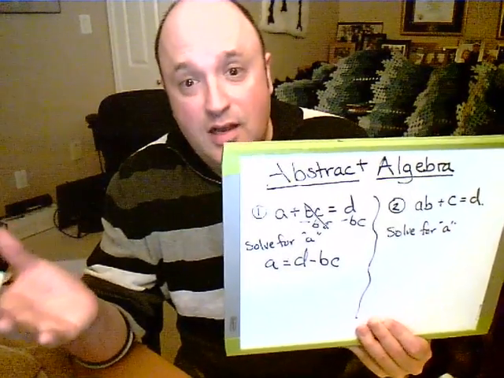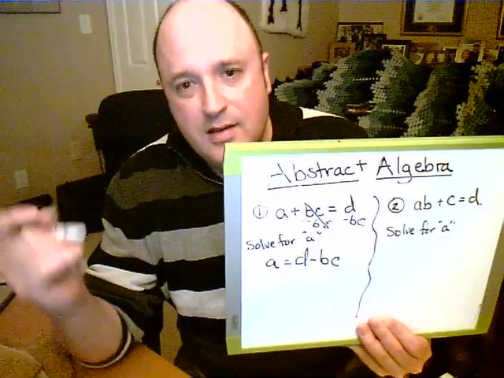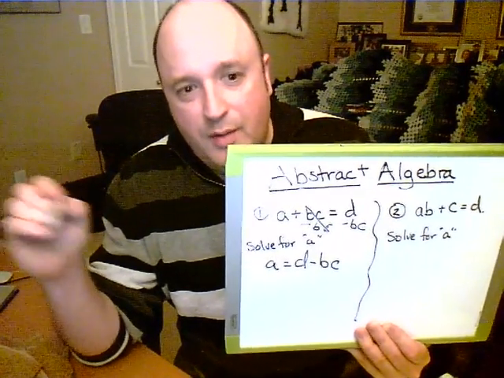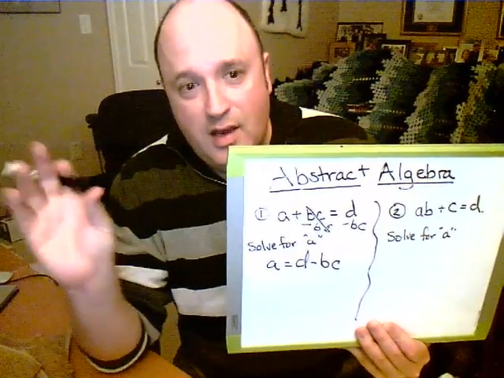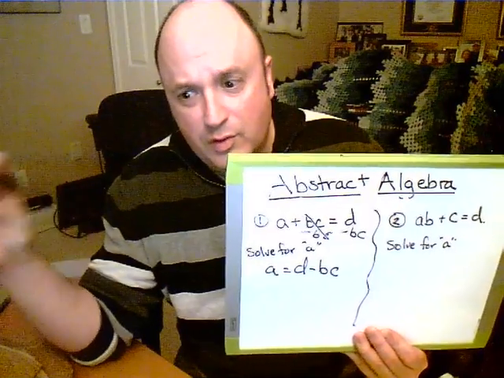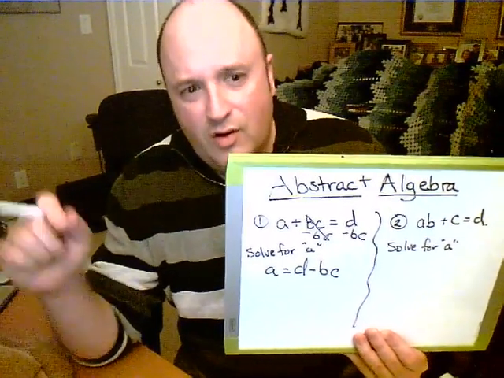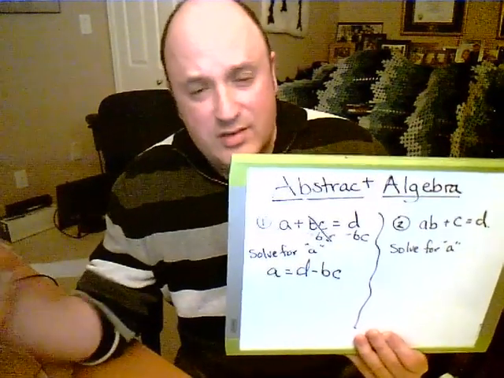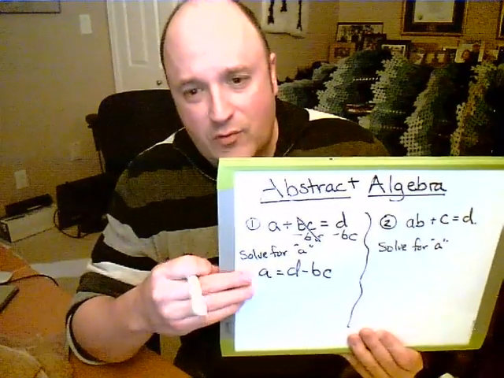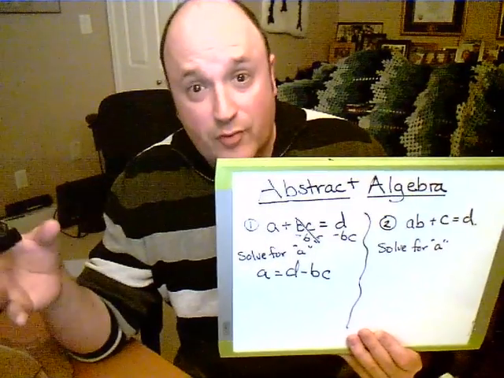This style of question, this style of algebra is really, really good in science when you're dealing with lots of different numbers, say in a lab that you collect. You have an equation. Your equation may not be organized for the variable you're looking for. So instead of collecting all this data and doing algebra every single time, you do it once in the abstract to solve for the letter that you're looking for. Then you just plug them in, and it's just like plugging into a formula.